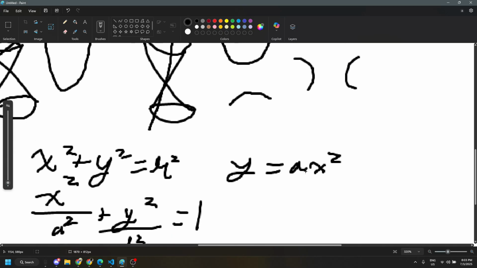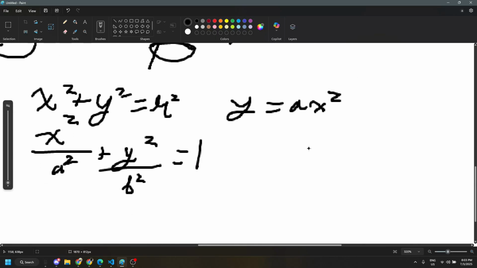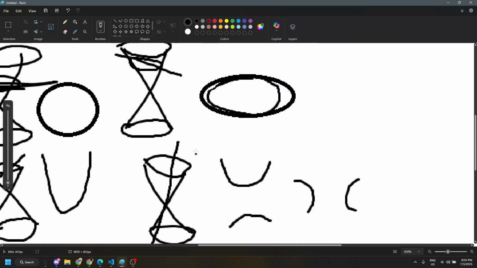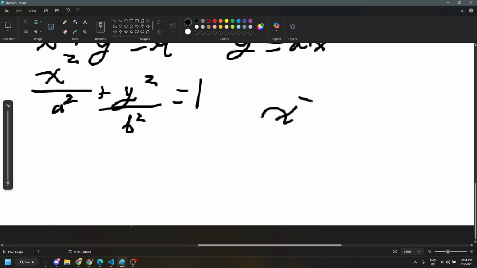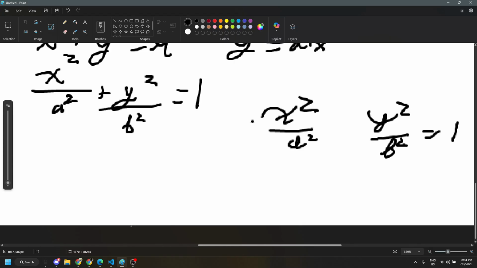So you can see y has no square, it's only x, which I think is pretty interesting. And then you have a hyperbola, which is x squared over a squared, y squared over b squared equals 1, with a plus or minus.